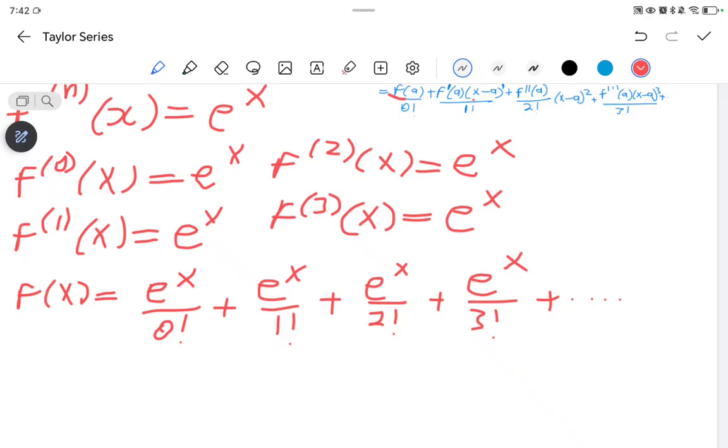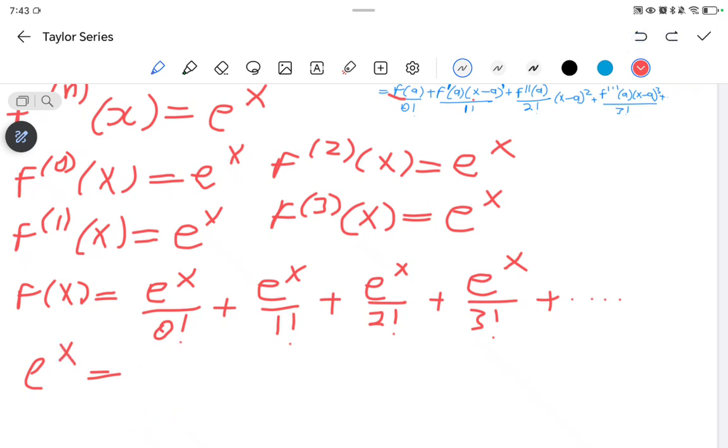And then if I have this, I can remember they say that this is the Taylor series about x equals 0, right? And f of x is what? It is e to the x. So f of x would be equal to the summation from n equals 0 to infinity. Or maybe I can start by doing this.